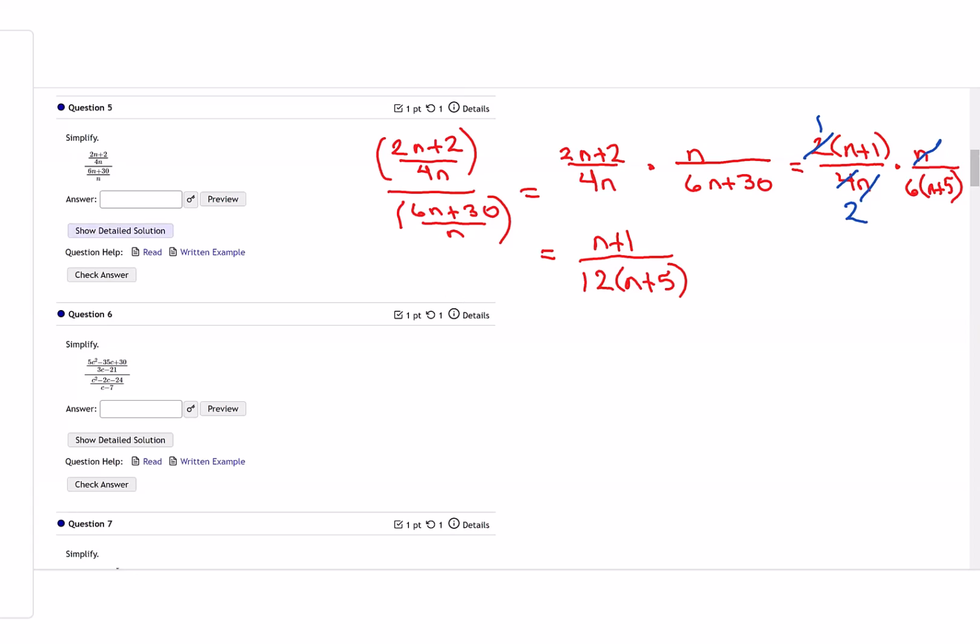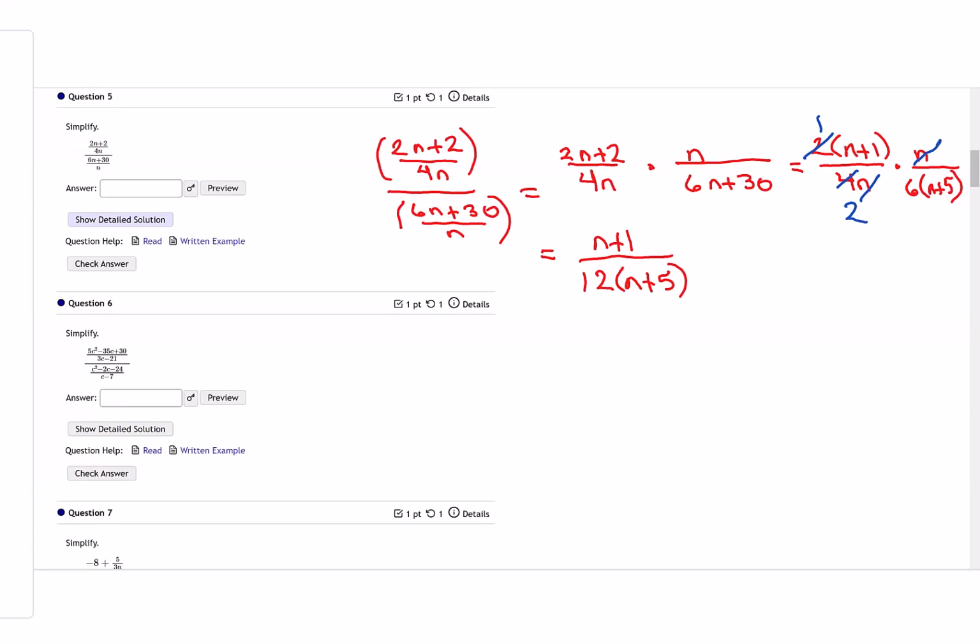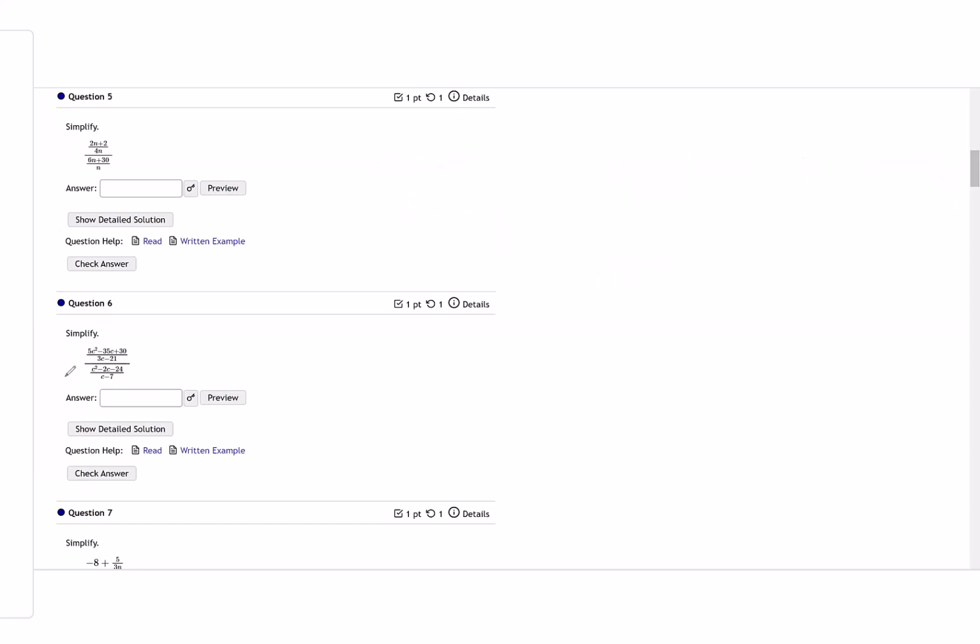Remember, we can't cancel terms. We can only cancel factors. If the denominator had n plus 1 in it, then we could cancel the entire n plus 1 over n plus 1. If the numerator had n plus 5, we could cancel, but we cannot cancel the n's. Really be careful about that. Very common mistake.